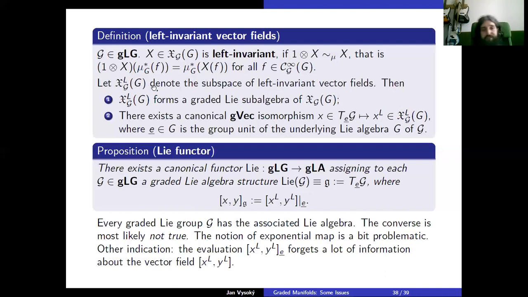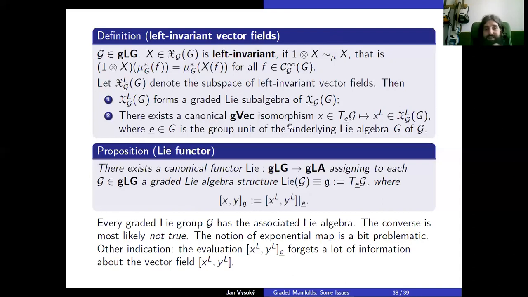Left invariant vector fields form a subspace of all the vector fields, denoted like this. And one can show that it forms a graded Lie subalgebra. It's trivial because the mu-relation is preserved by commutators. It's easy to see, and therefore it forms a Lie subalgebra.